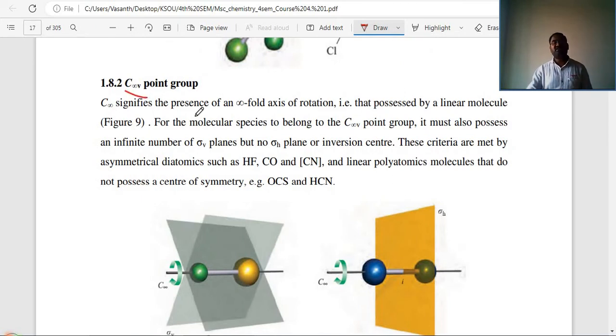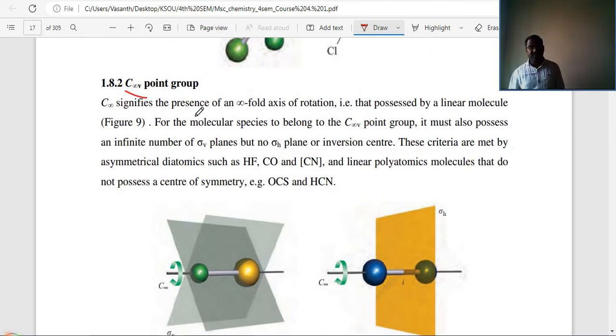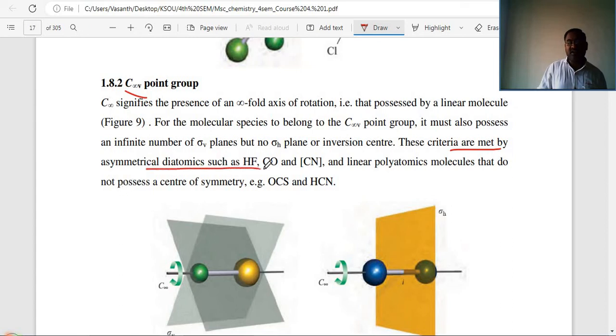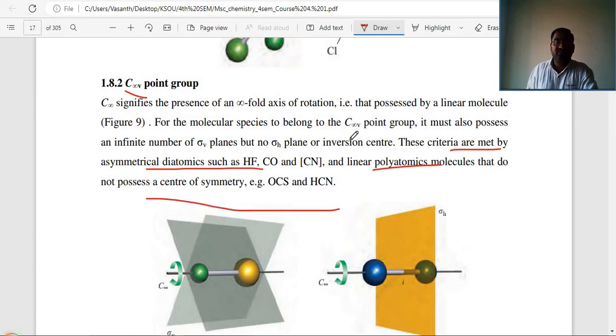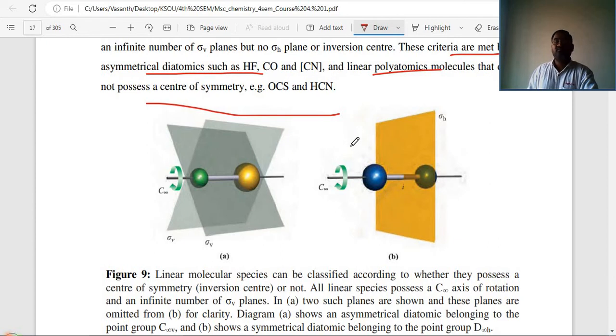Next we consider the C infinity v point group. The criteria are met by asymmetrical diatomic molecules like HF, CO and CN, and linear polyatomic molecules that do not possess a center of symmetry.